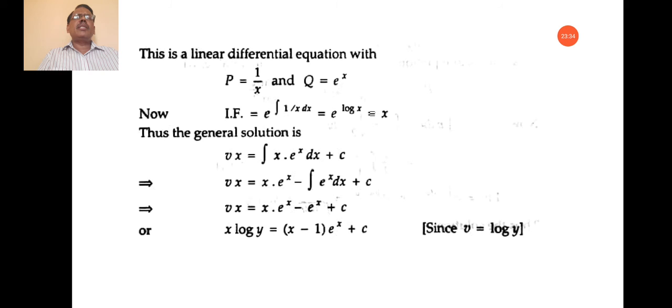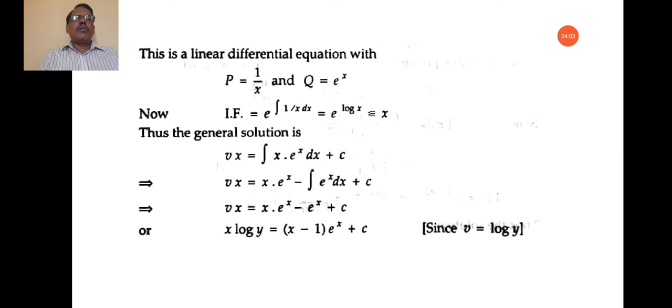Then the solution is given by, here you have to write the solution as not y, it is v into integrating factor is equal to integral of q into integrating factor into dx plus c. So v into x is equal to integration of x into e power x dx plus c.